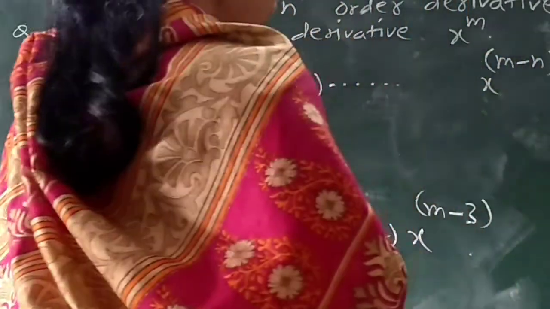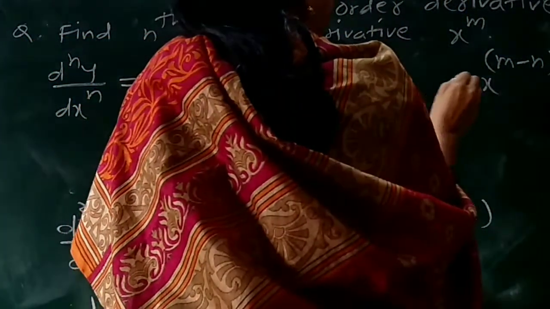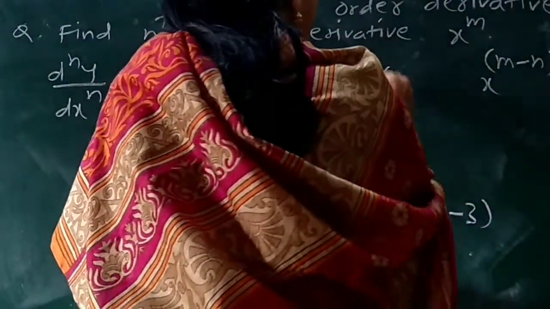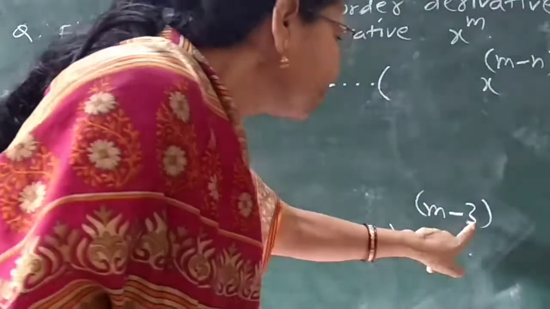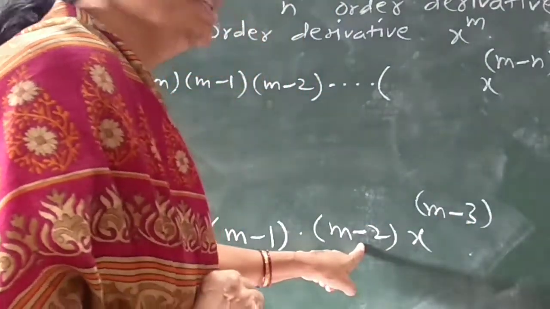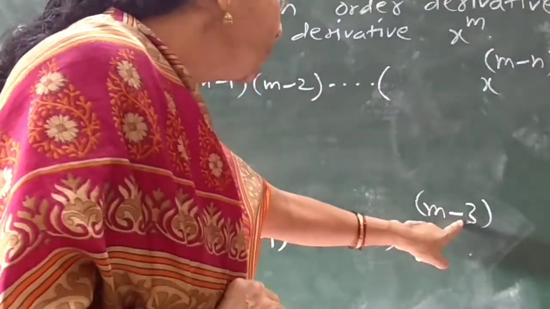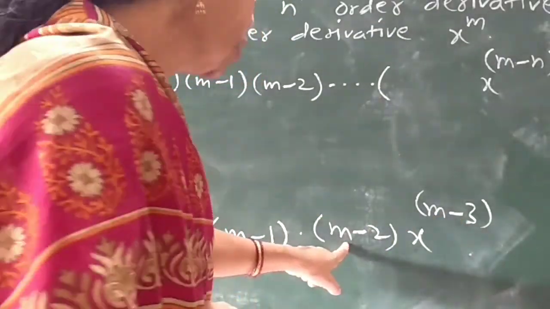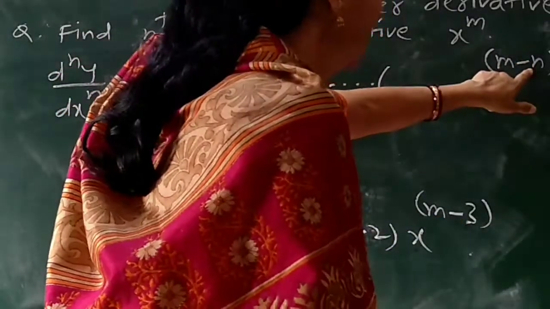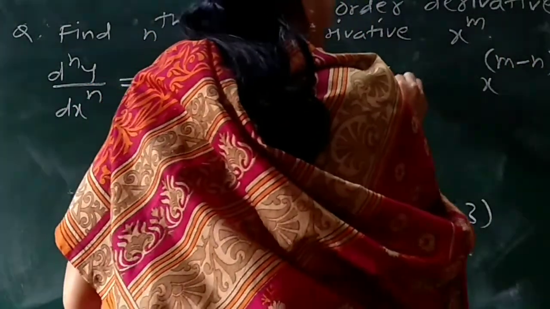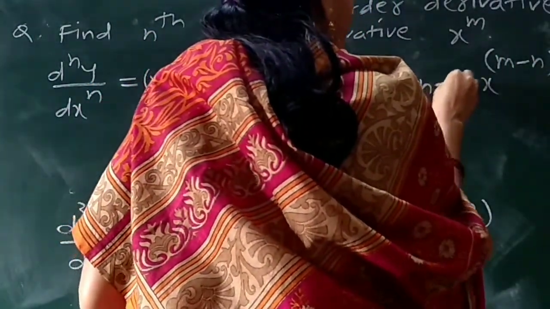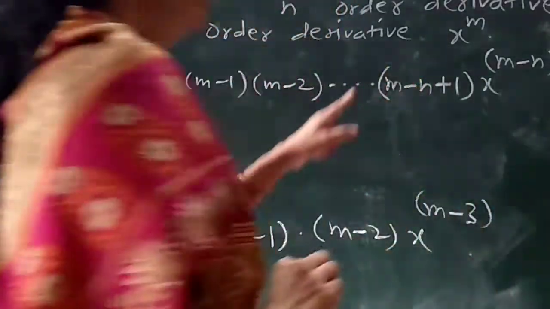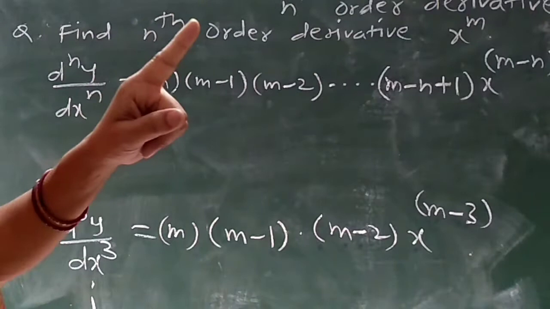And then here, how do we get this term? If we add 1 here, then we get m minus 2. So if we add 1 here, we write m minus n plus 1. This is the nth derivative.